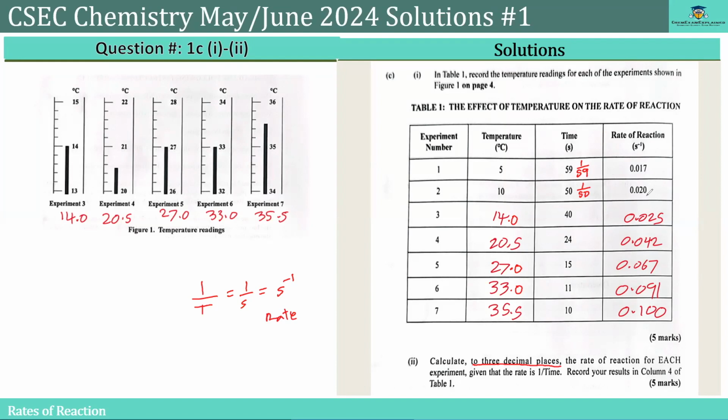Now ensure that you have 3 decimal places because you will lose marks. 1 divided by 40 is 0.025. 1 divided by 24 is 0.042. 1 divided by 15 is 0.067. 1 divided by 11 is 0.091. And finally, 1 divided by 10 is 0.100. Once you have these values in, you will get your full marks. Let's move on.